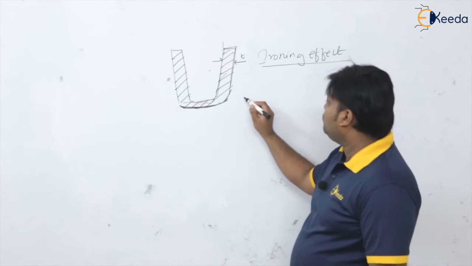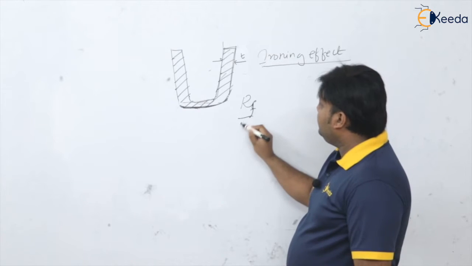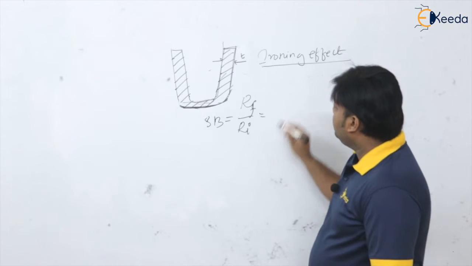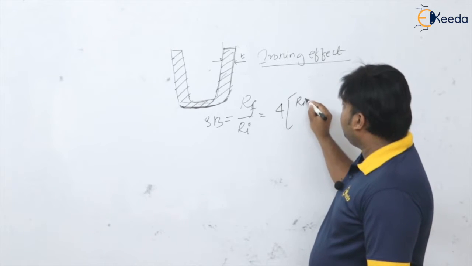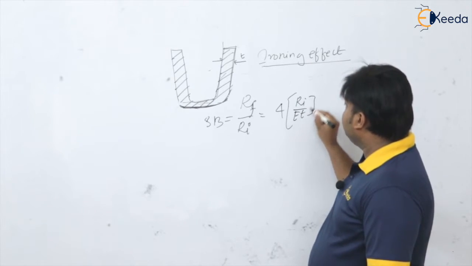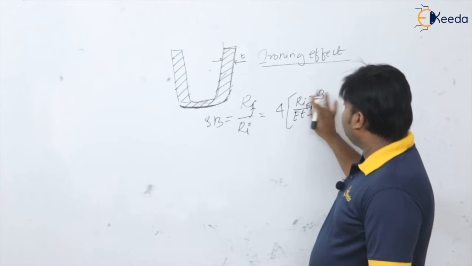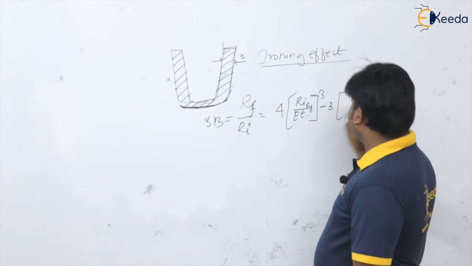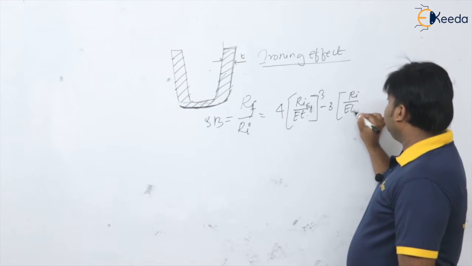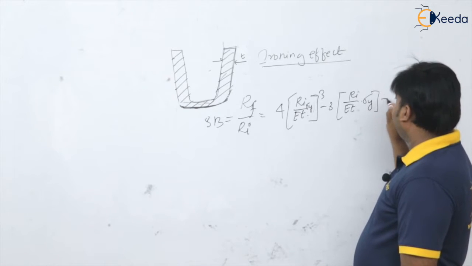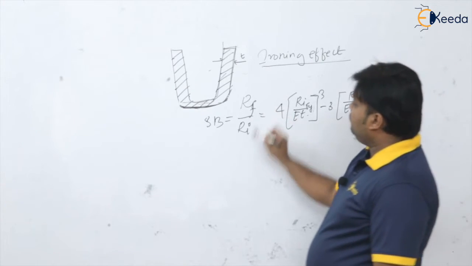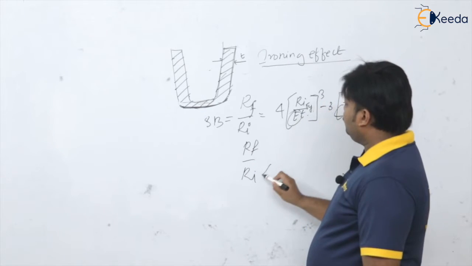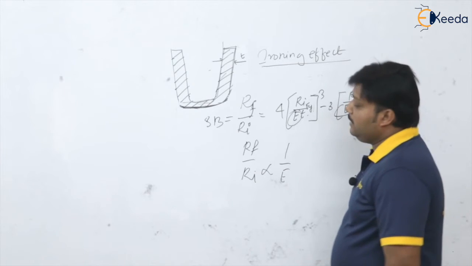We have the formula for spring back: R final divided by R initial, that is nothing but our spring back, is equal to 4 times (Ri divided by Et into sigma y) whole cube minus 3 times Ri divided by Et into sigma y plus 1. So please remember this Rf by Ri is inversely proportional to the modulus of elasticity.